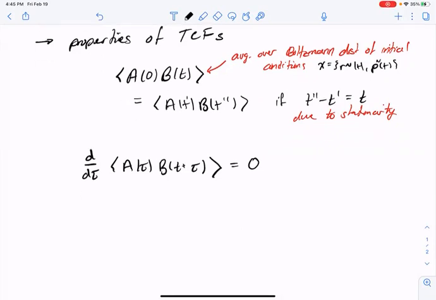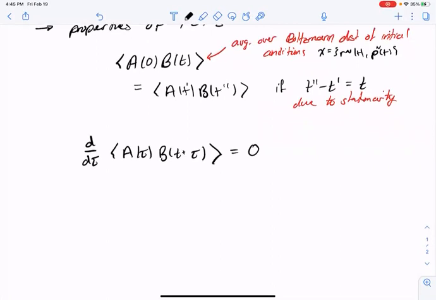That by itself is not all that exciting until we recognize that A is a functionally dependent variable on tau, as is B. So this derivative also equals A dot at tau, B at t plus tau, plus A at tau, B dot at tau plus t.